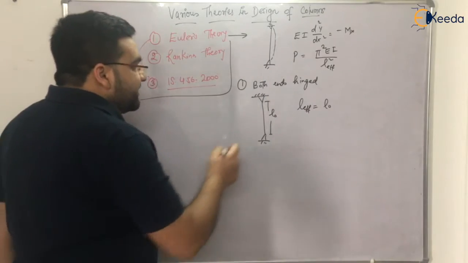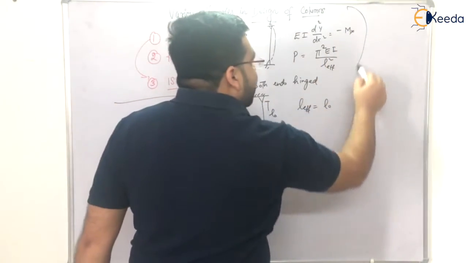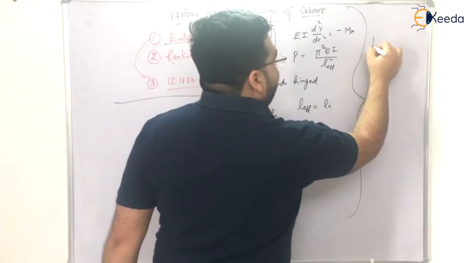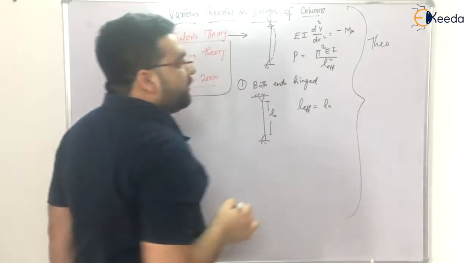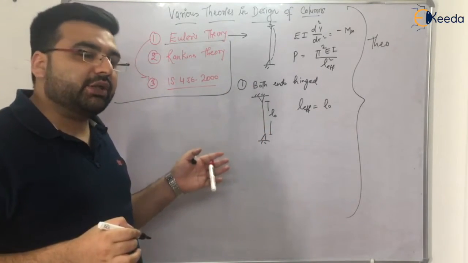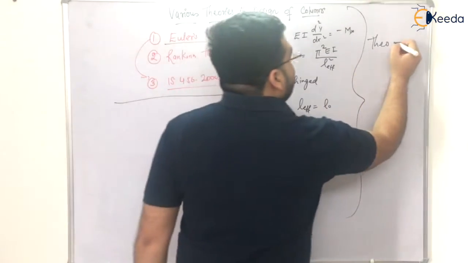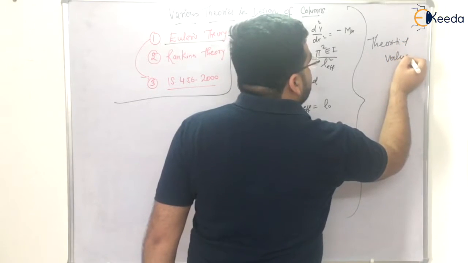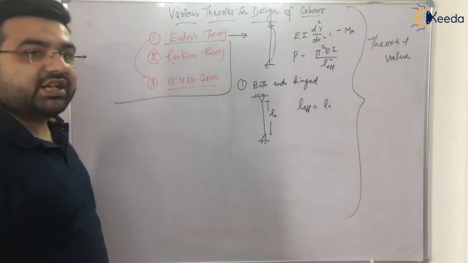Okay. Now the second case. The values we get for L effective in Euler's theory are the theoretical values. IS 456 says that whatever values we get from Euler's theory are theoretical values.